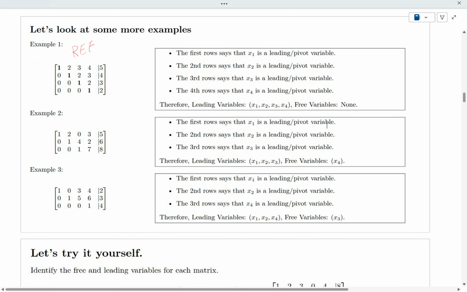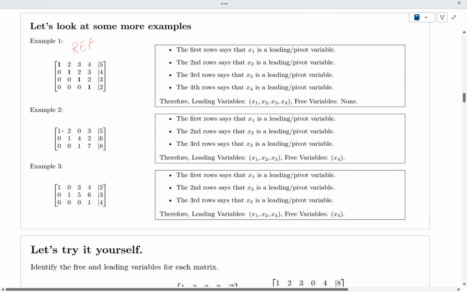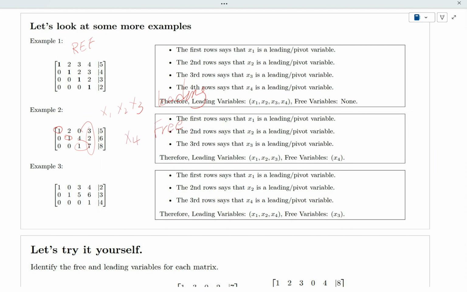Let's look at another example. In this example, we see x1, x2, x3 are leading variables, and the only one left must be the free, so x4 must be a free variable. Let's look at another example.